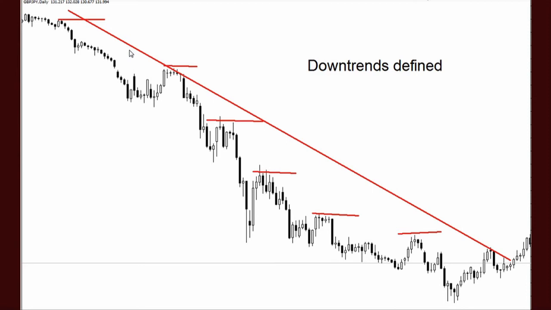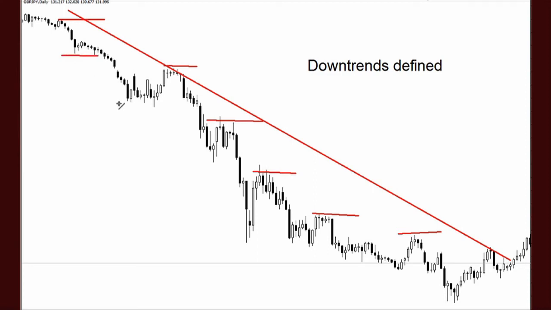So again, we have our series of highs that continually get lower. Here's our high, lower high, lower high, lower high, lower high, lower high. Along with that, in a downtrend, we also get a series of lower lows. As you can see here, this would be our low.